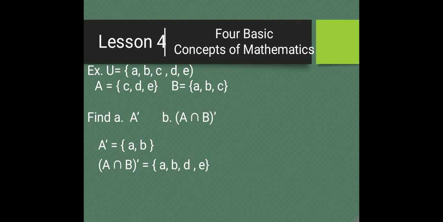Punta ka sa universal set at hanapin mo yung mga elements na wala sa intersection ng A and B. So, the answer is A, B, D, E. Kasi yung intersection ng A and B is just the element of C. Ngayon, to find its complement, so tatanggalin natin yung C sa universal set, so maiiwan is A, B, D, and E. Okay?